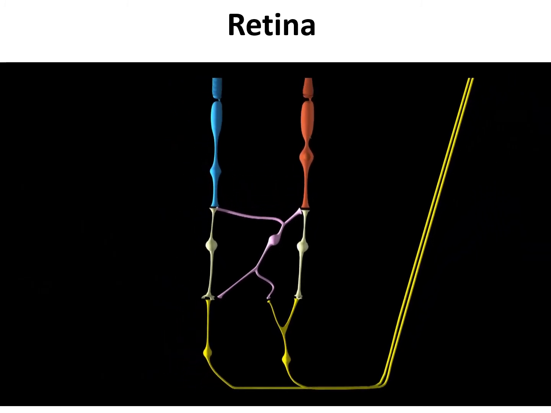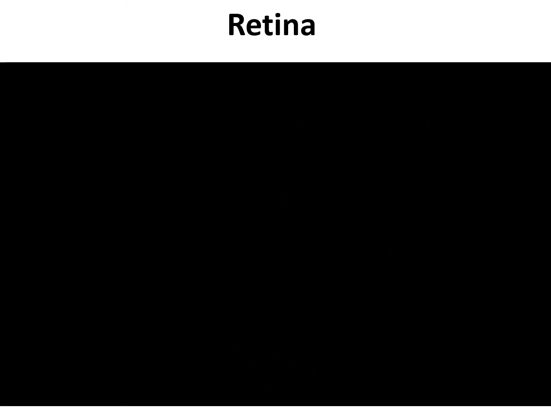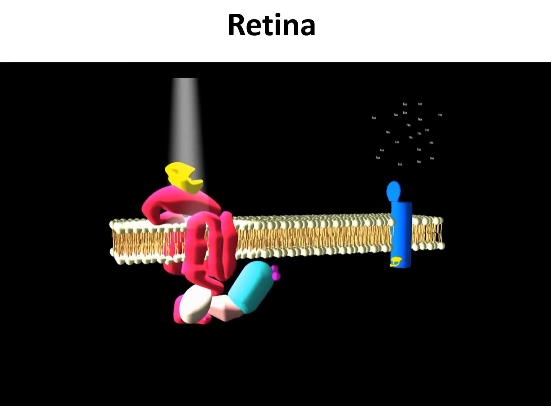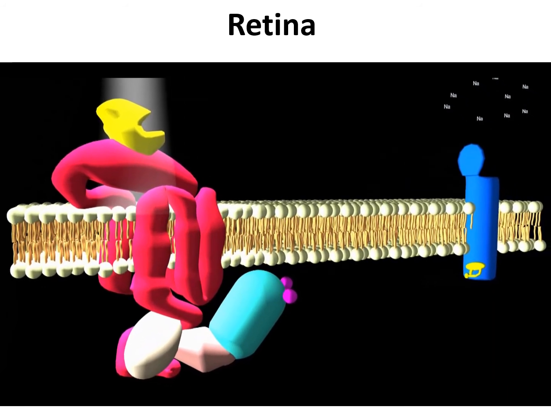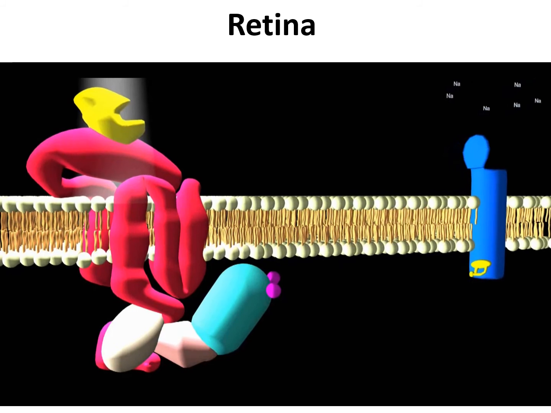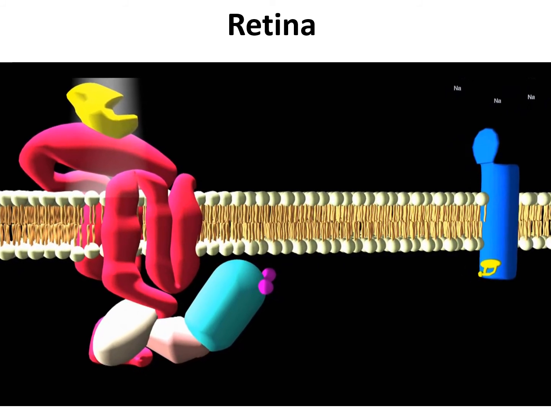To generate an action potential, light entering the eye hits a yellow pigment called retinal, which is tightly associated to a molecule called opsin. Opsin is part of a larger structure called rhodopsin, which is a protein with 7 transmembrane domains plus retinal.